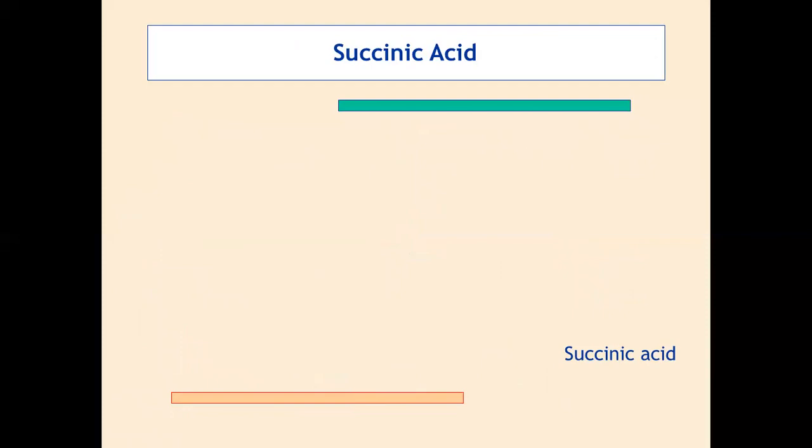So before that you must know the formula for succinic acid. Succinic acid, anyone कोई बता सकता है सक्सिनिक एसिड का फॉर्मूला क्या है, हमने लास्ट लेक्चर में भी ये लिया था.